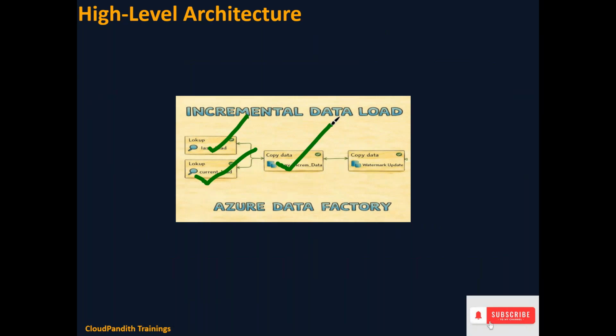Then we have a copy activity which loads only the incremental data, that is records between the old watermark from lookup 1 and the new maximum value from lookup 2. Finally, another copy activity updates the watermark JSON file using the output from lookup 2, so the next pipeline run starts from the latest processed value.